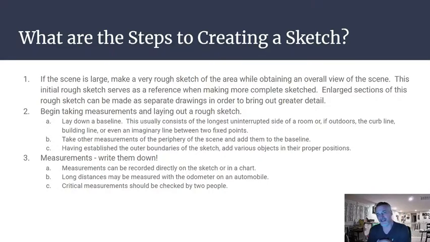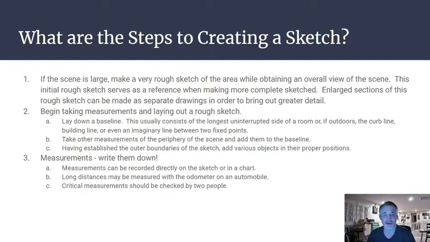So what are the steps in creating this sketch? If the scene's large, make a very rough sketch of the area while obtaining an overview of the scene. This initial rough sketch serves as a reference when making more completed sketches later on. Enlarged sections of this rough sketch can be made as separate drawings in order to bring out greater detail. Begin taking measurements and laying out a rough sketch. Lay down a baseline.